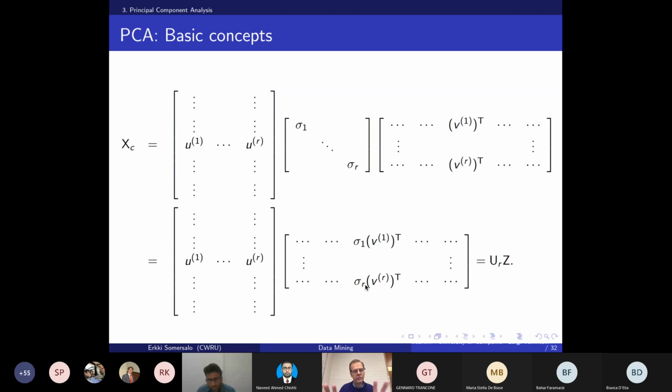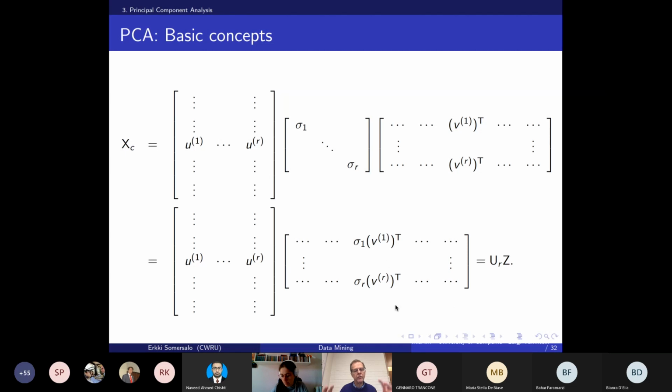So now you see visually how this matrix product looks. We have the feature vectors here in columns, and then the columns of the second part, this Z matrix here, are the principal components of my data. And so if you know the feature vectors, you can characterize your data by these principal components.